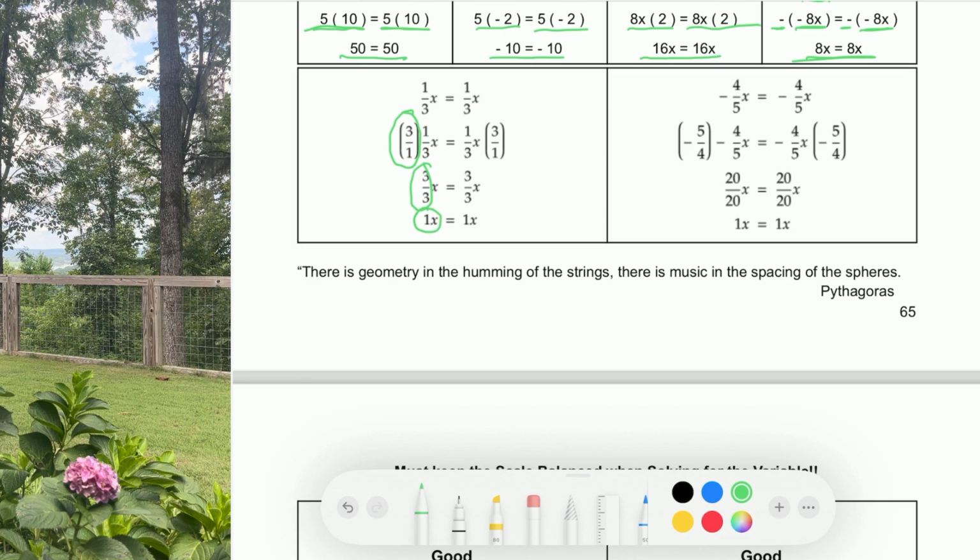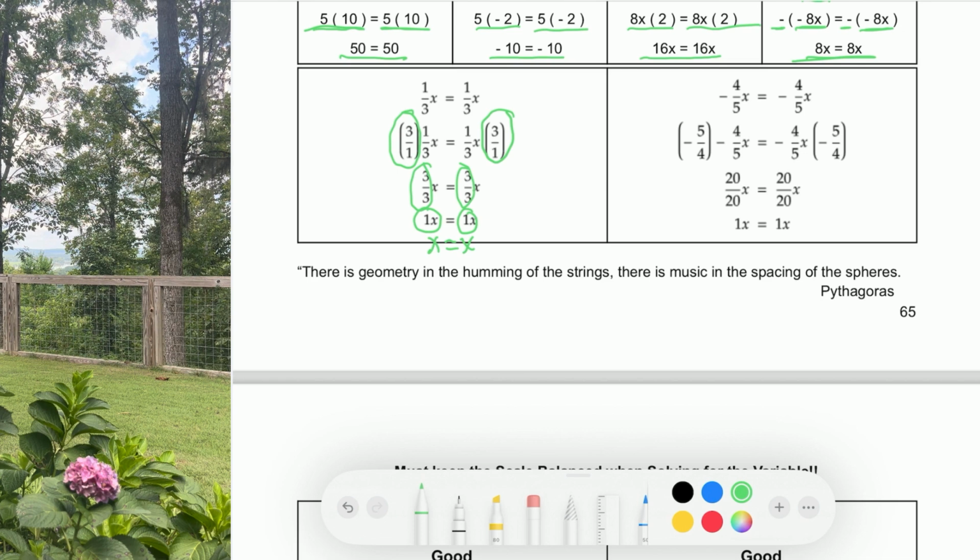If I do that on one side, I need to make sure I do it on the other side. So you'll notice on this side, I did the same thing. I multiplied it by 3/1. I got 3/3, ended up with 1x. 1x equals 1x. X equals x, okay? The 1 is just understood to be there. We don't actually have to write it. But just for the sake of the example for you, I have it in there.